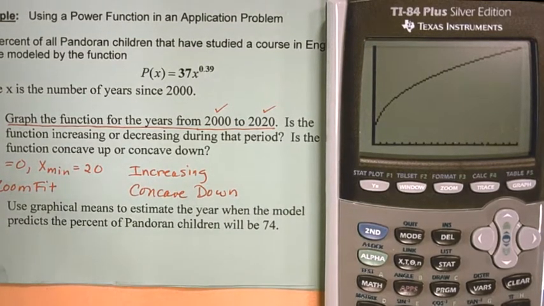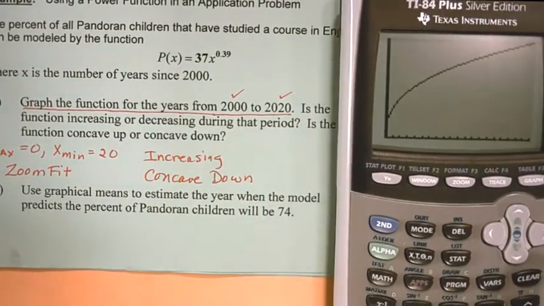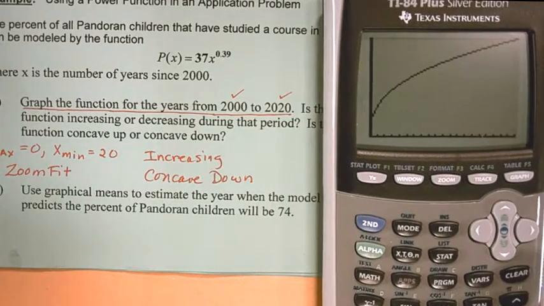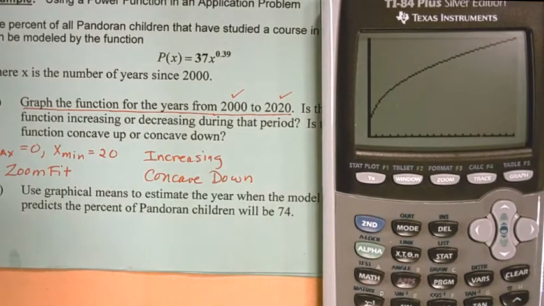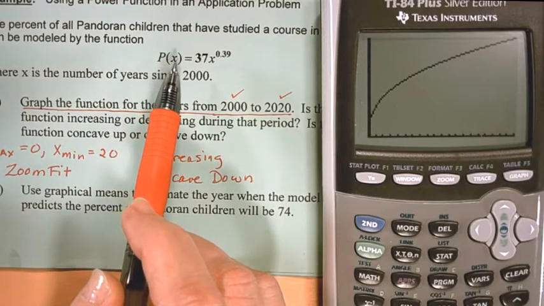Now, the next part of the question that we want to answer is we want to use graphical means to estimate the year when the model predicts that the percent of Pandoran children will be 74. So we want to know when P of x is going to be 74.